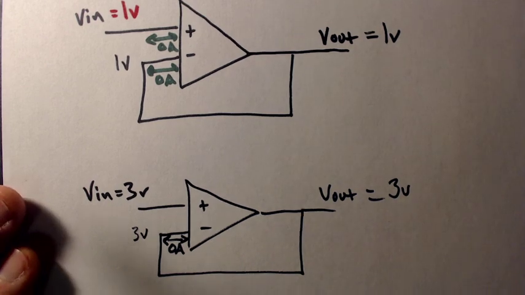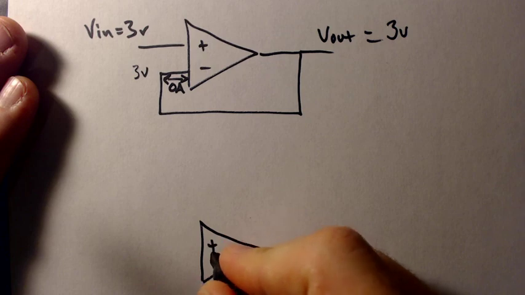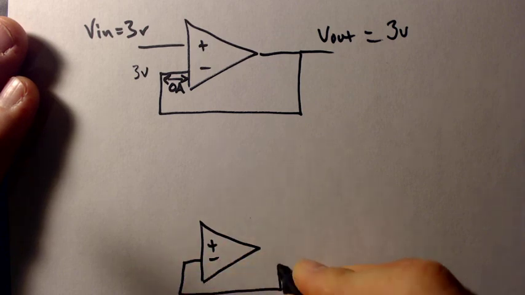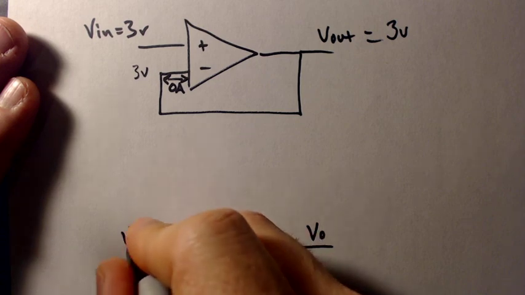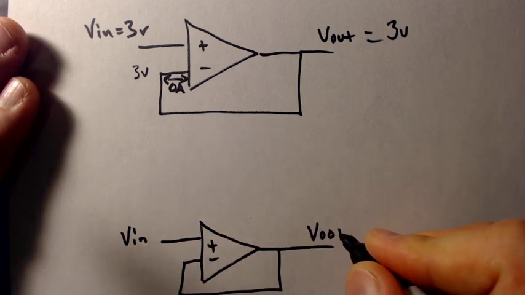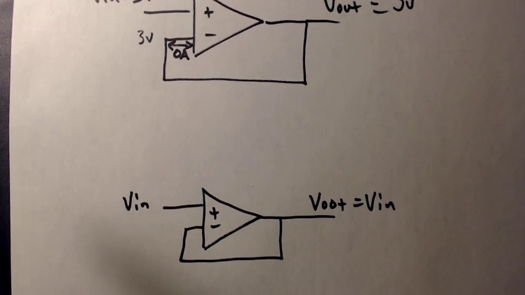So in general, for this circuit, I can go ahead and say V out equals V in. All right. So that's what this circuit's doing.